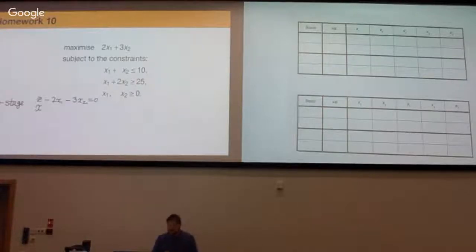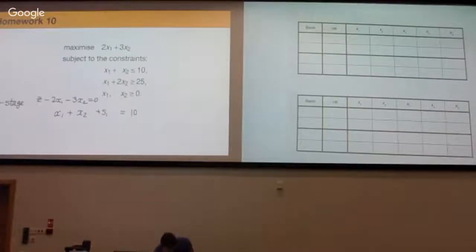That's the same as it always is. But when we want the first constraint, we add a slack variable. Okay, that's normal, just as usual.